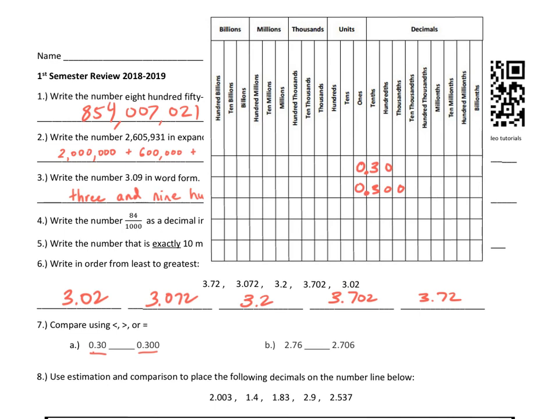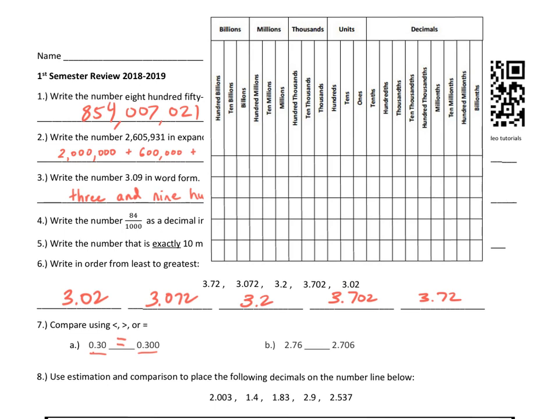And if I'm looking at value here, both of these numbers have a 0 in the ones. They both have a 0 in the tenths, a 0 in the hundredths, and they actually both have nothing in the thousandths because I can put a 0 right here and make an equivalent decimal. So these 2 decimals are equal.